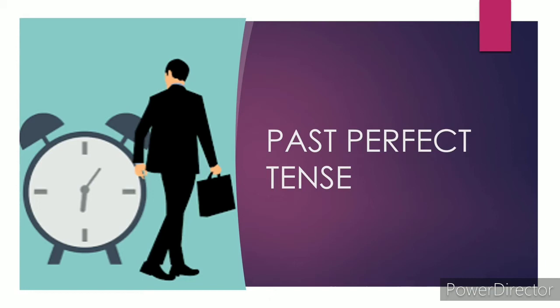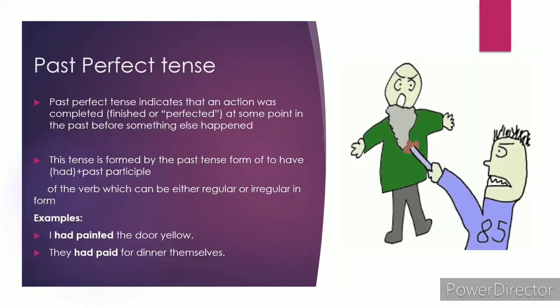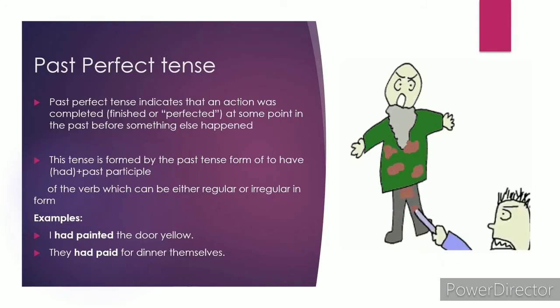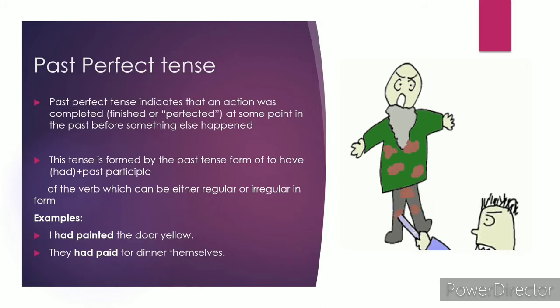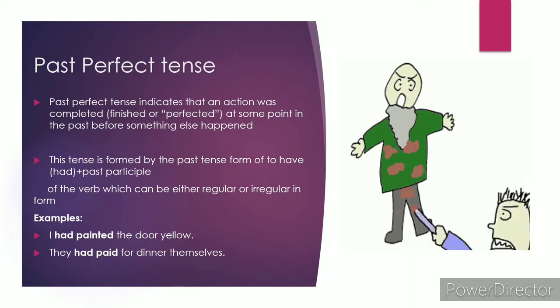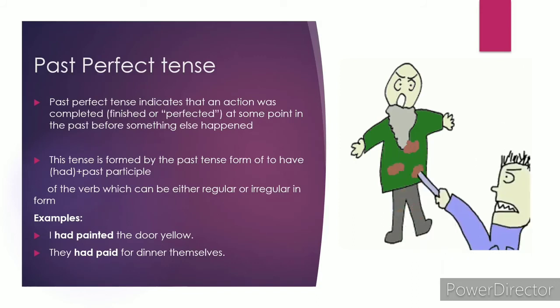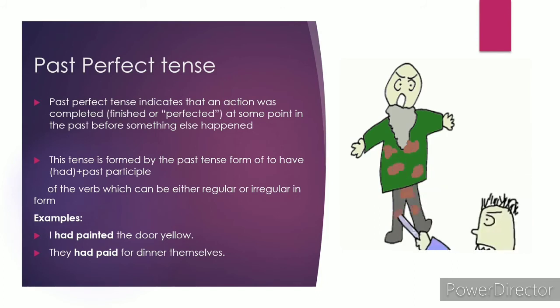Now let us see the past perfect tense and its usages. The past perfect tense is a verb used to talk about actions that were completed before some point in the past.